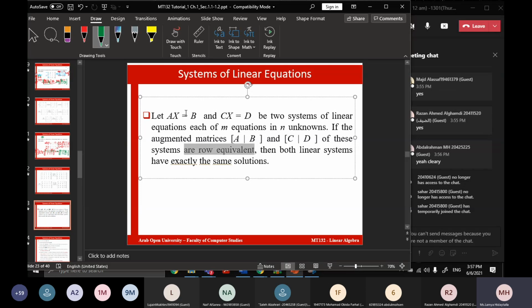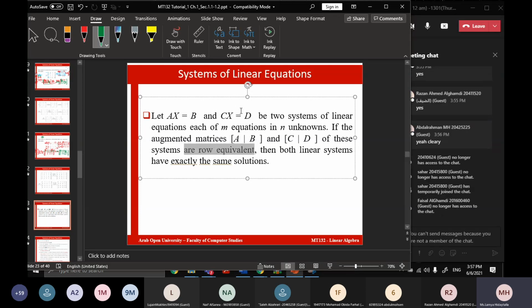Our original system and the other system, which I got from it by doing row operations, are equivalent, so they will have the same solution.